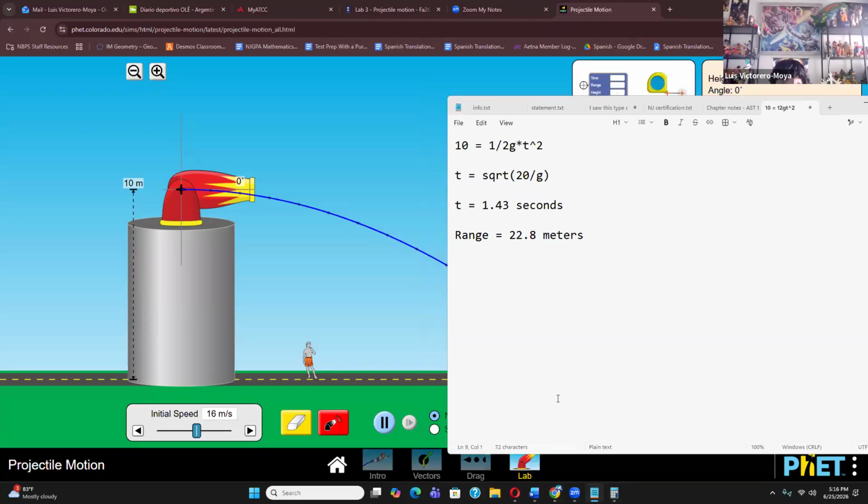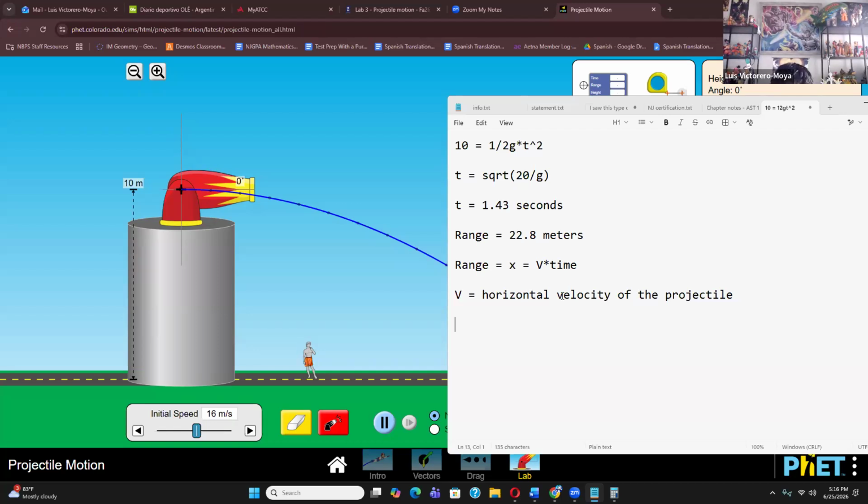And we know that range is the x value, the horizontal distance, that's equal to v times time, where v is the horizontal velocity of the projectile. And there's not really a vertical component because there's no angle, it's 0 degrees. So v is basically the initial speed.